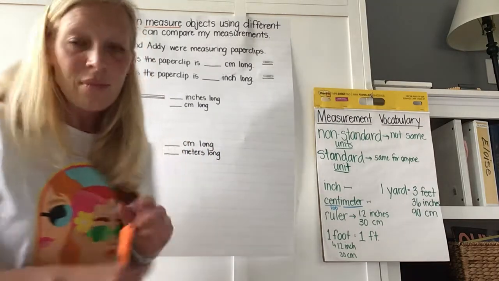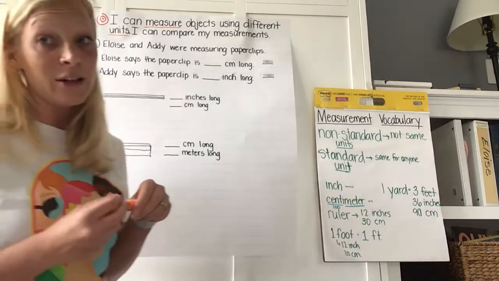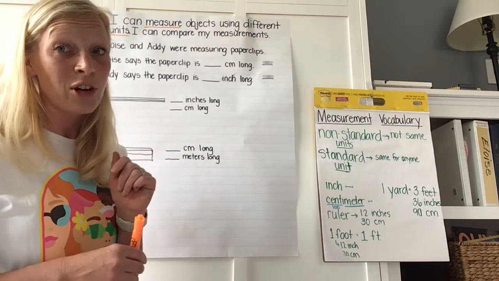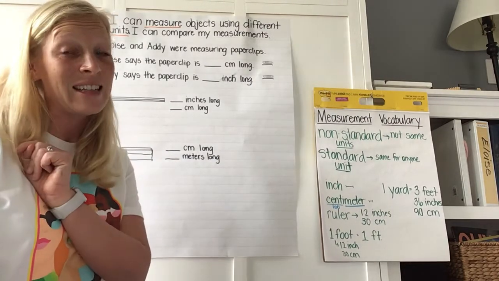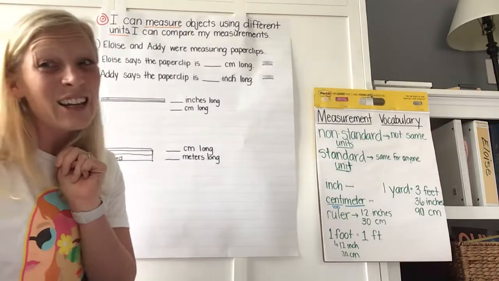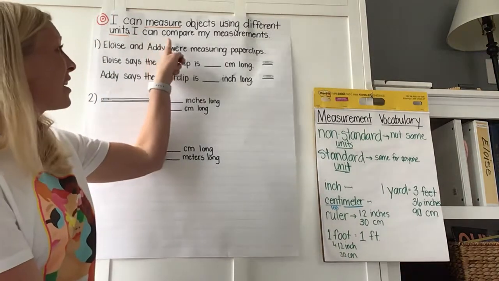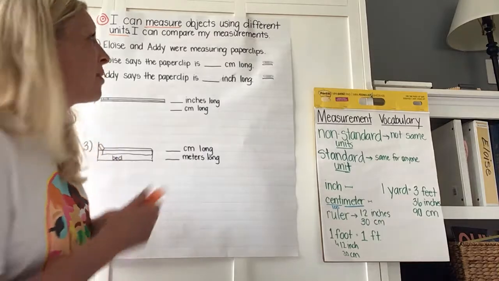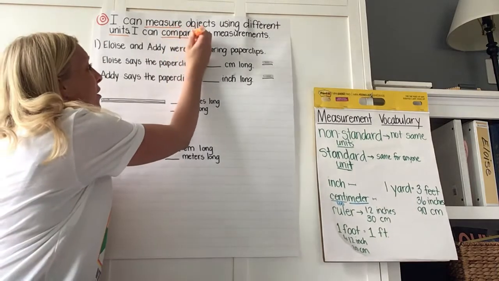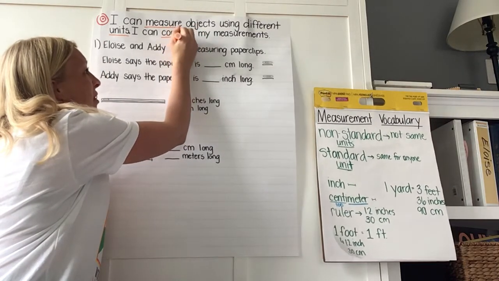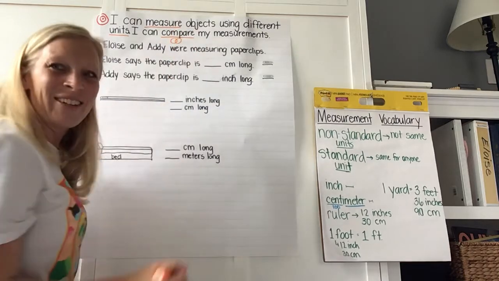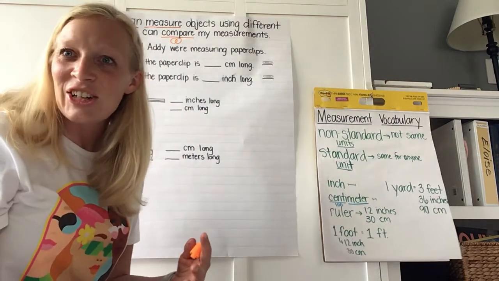Now, we are using different units, and you can tell that with our first problem. But before I dive into that, let's look at our second learning target. It says I can compare my measurements. When we compare something, we might be thinking about comparing a story, right? Comparing characters.